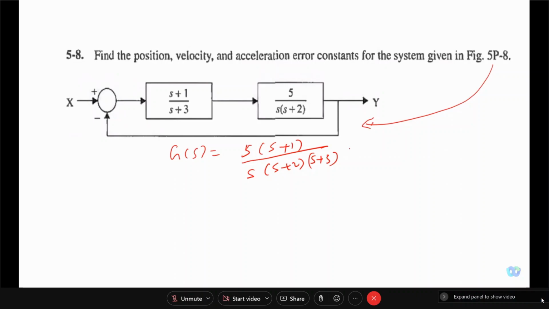So what is the type of the system? Sir, 5(s+1) by (s+2)(s+3) only, no, sir? There is an extra s in the denominator, it is there, no? Sorry, sir, I didn't see.